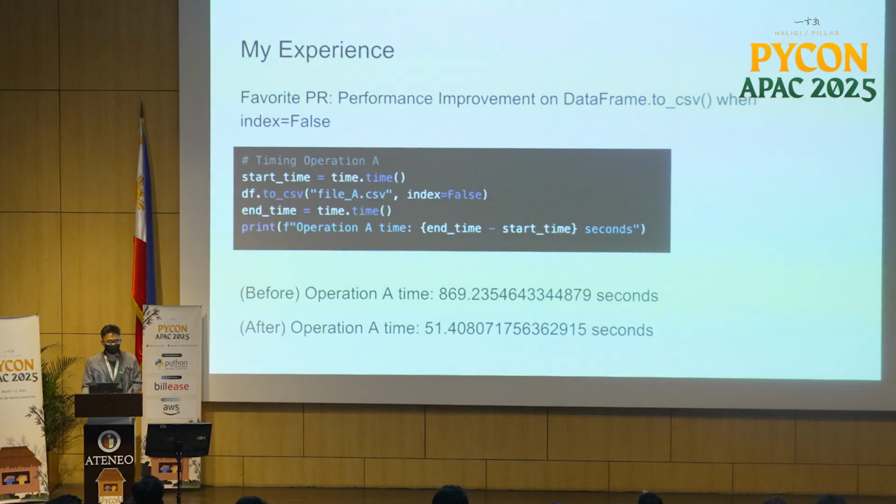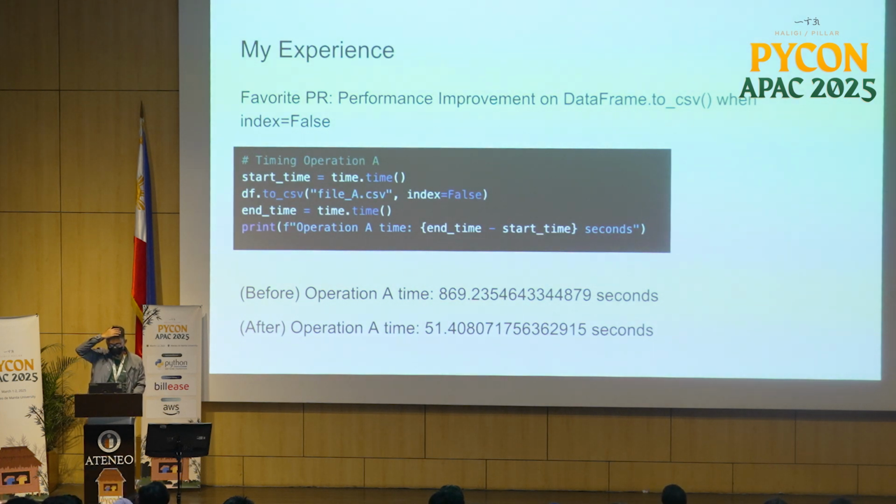So here's my favorite PR, a performance improvement to the DataFrame.to_csv function when index equals False. I think this is a very popular function, where what it does is it just outputs the current DataFrame into a CSV file.